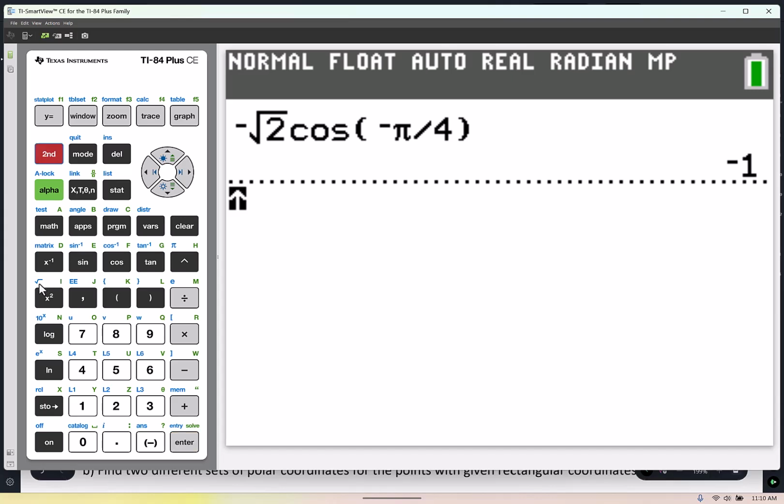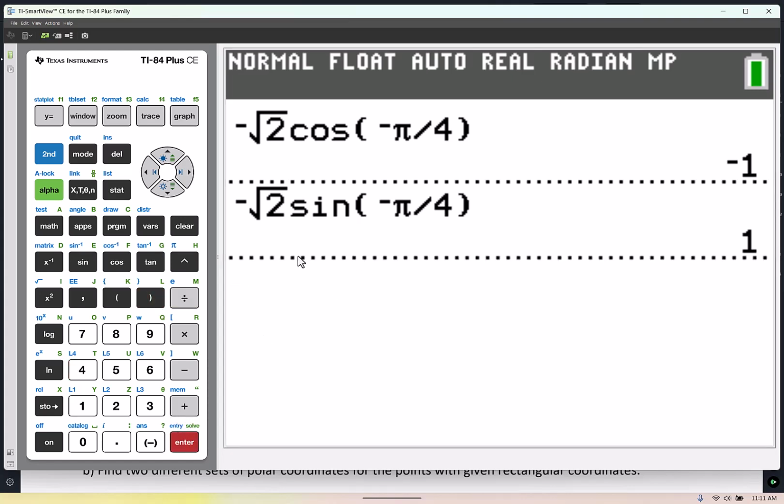Then negative square root of 2 times sine of negative pi over 4. I oh, I didn't put the negative. I prefer that you just do it by hand, you know what I mean?